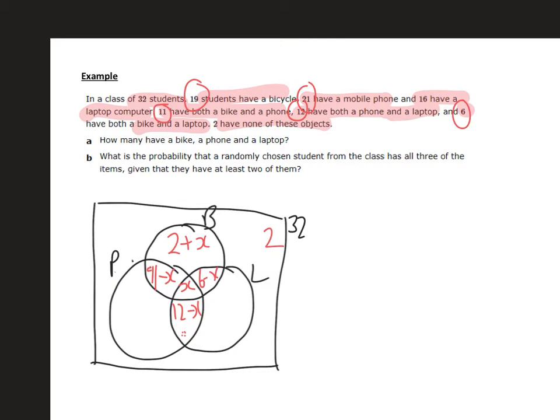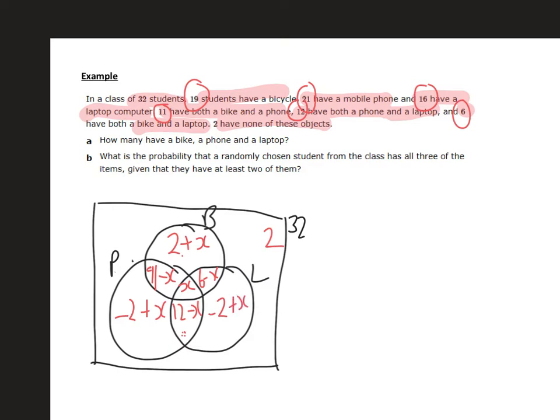So to get from 23 minus X to 21, I need to minus 2 and plus an X. And for the laptop, it's 16. In the laptop, I've already got 6 and 12, so I've got 18 minus 2X plus 1X, so 18 minus X. And I want to get to 16, so I need to take away 2 plus X, the same as before.